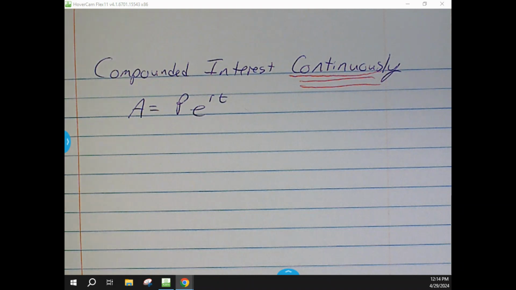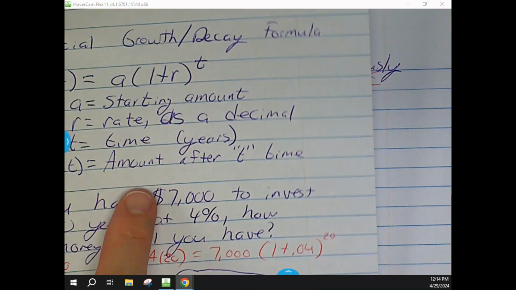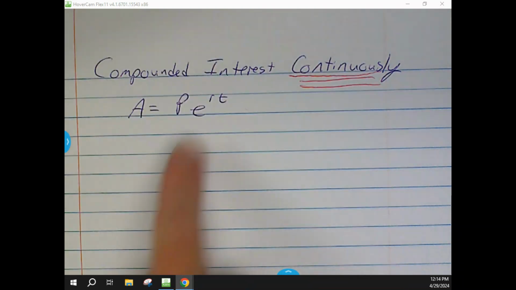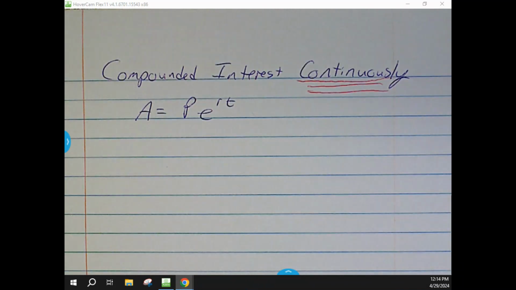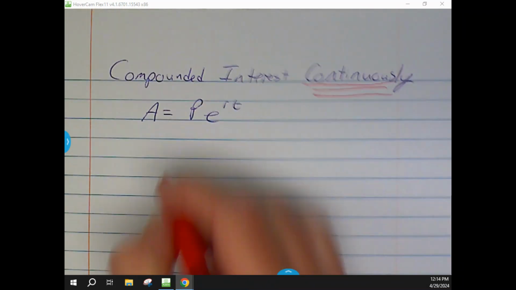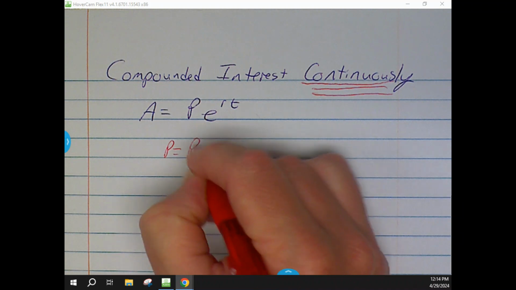Okay, and it uses some of the same things back here. The capital A is still your amount after time. The R is still your rate. The T is still your time. The only thing that's different is in this case, P is your principal, which is your starting money.